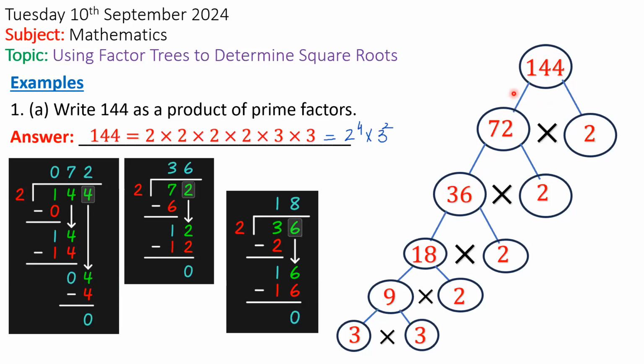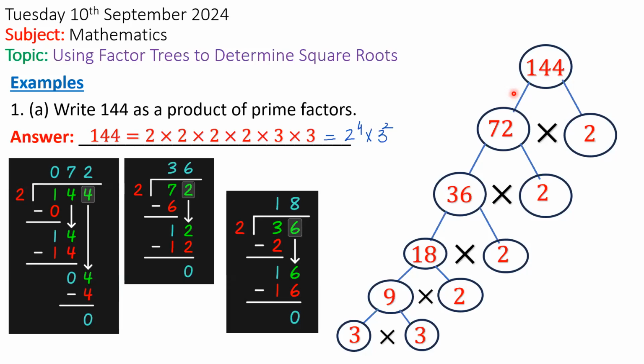So to do the factor tree, we'll be dividing 144 by 2, which equals 72. And 72 by 2, which equals 36. Then we also divide 36 by 2, which equals 18. 18 by 2 equals 9.